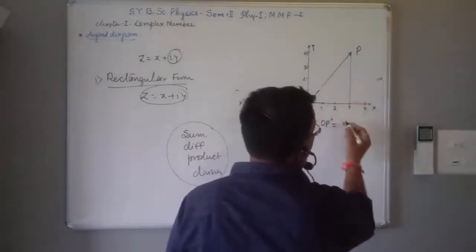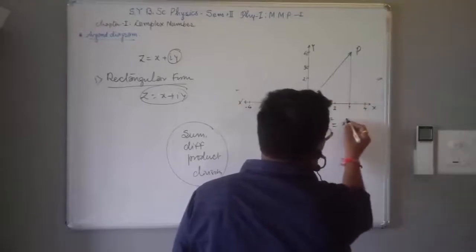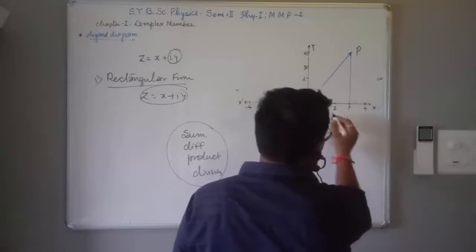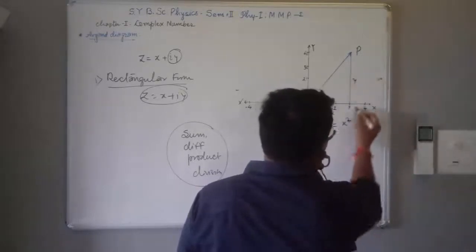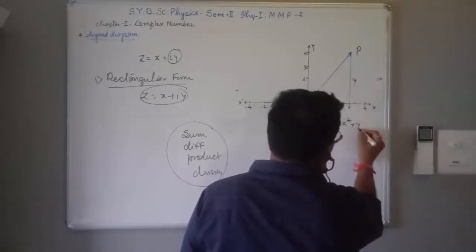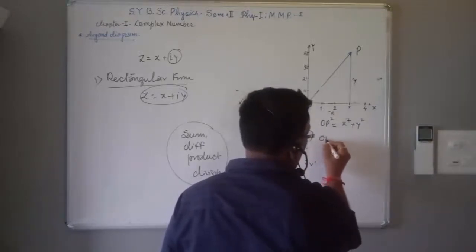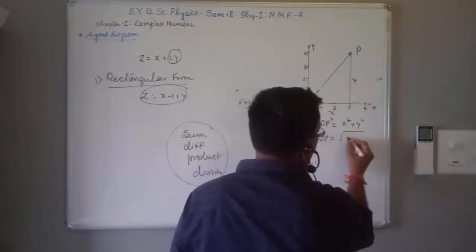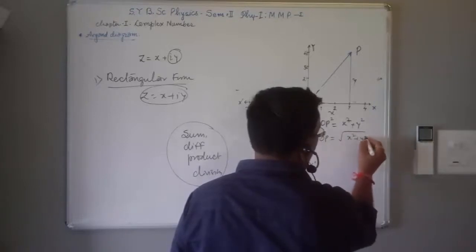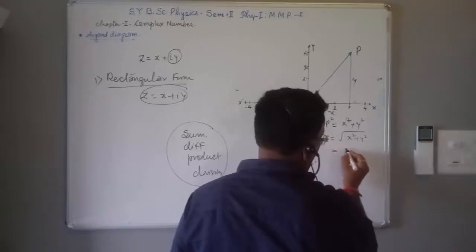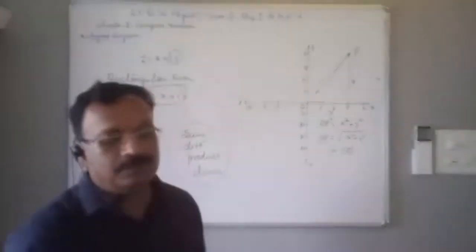This is a right angle triangle, so OP square is equal to x square, square of this side, and square of another side y square, or OP is equal to square root of x square plus y square, or we can write simply modulus of z.